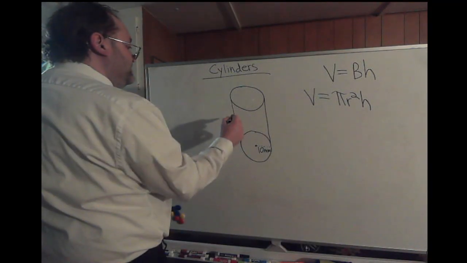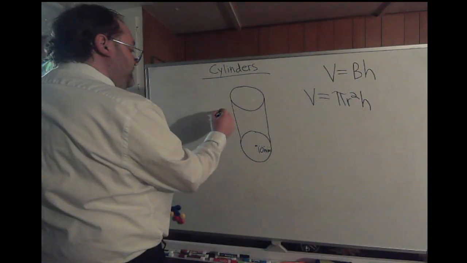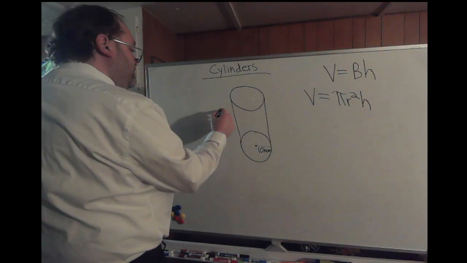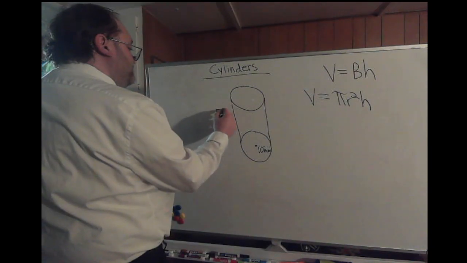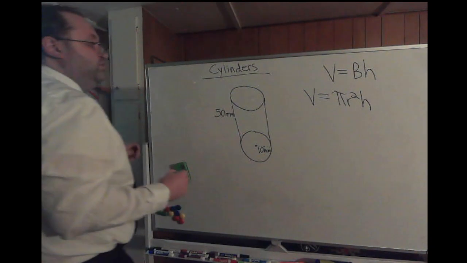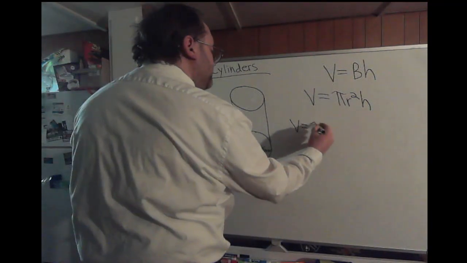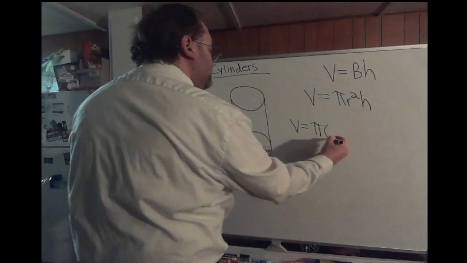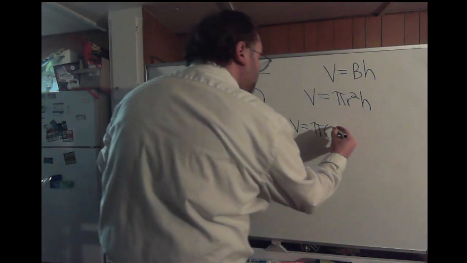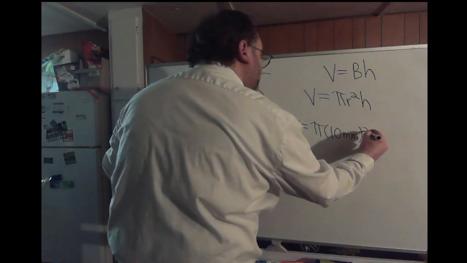Now the height of this cylinder is going to be, let's say, 50 millimeters. 50 millimeters for the height. If you want to find the volume of the cylinder, it's going to be pi times, what's the radius, 10 millimeters squared, times the height, which is 50 millimeters.